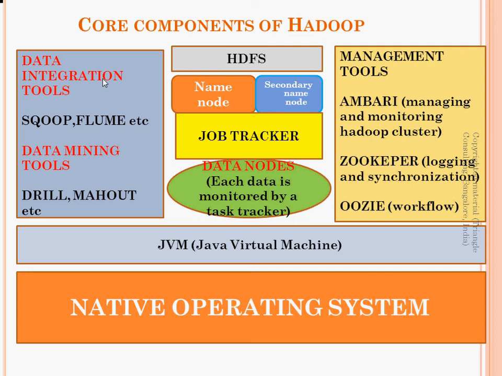So data needs to be brought into the HDFS component of Hadoop from the world outside of Hadoop. We need some tools, like Sqoop and Flume, to bring the data into the Hadoop ecosystem. Sqoop is used to bring the data from the world of RDBMS, and Flume is used to bring streaming data, like unstructured or semi-structured data as it is being produced.